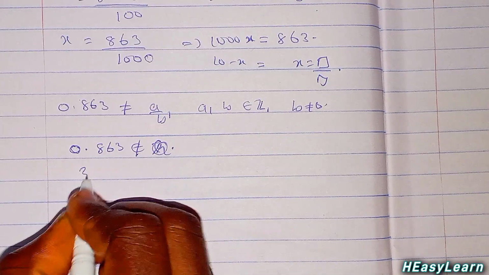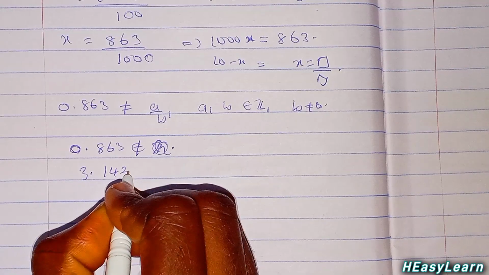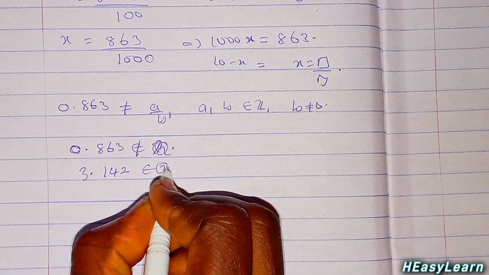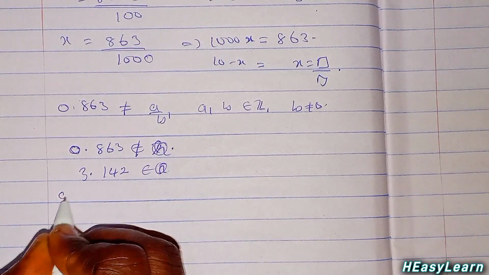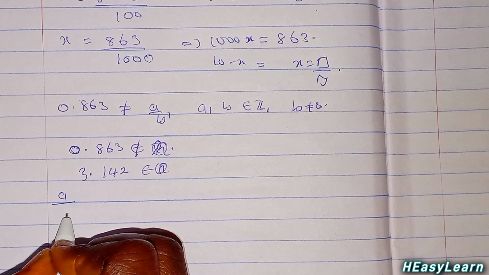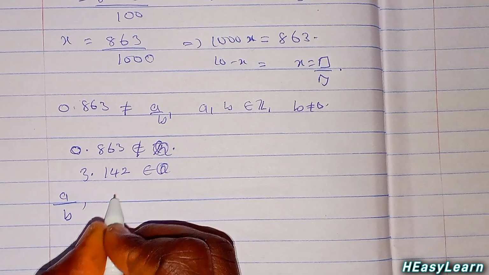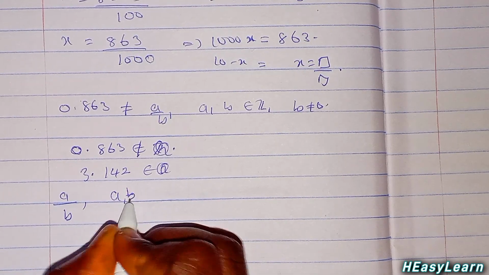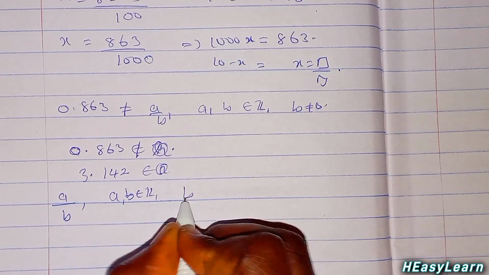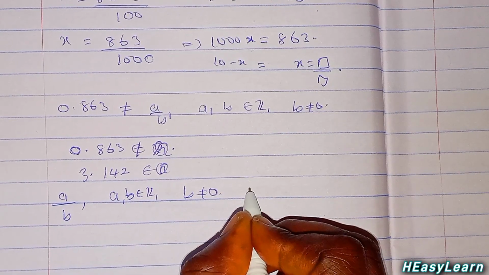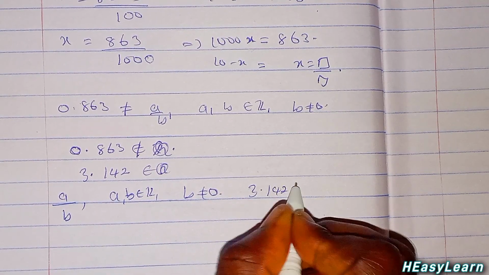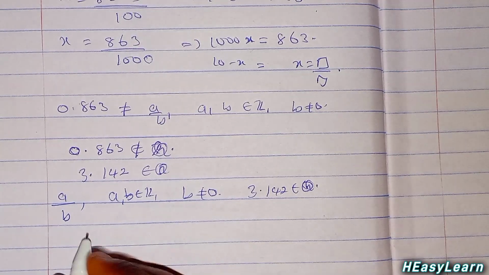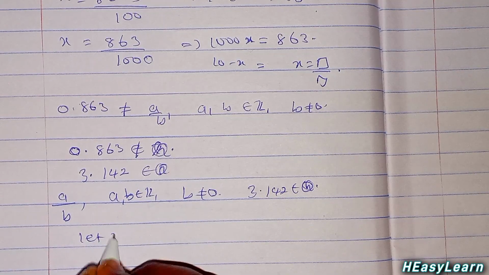Also check if 3.142 is in set of rational numbers. If we can write 3.142 as a over b, for which a and b is in set of integers and b is not equals to 0, then 3.142 will belong to the set of rational numbers.